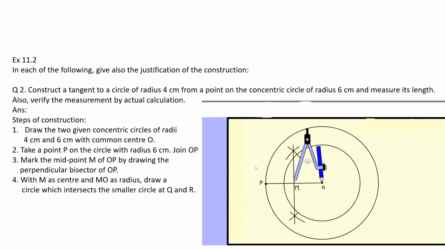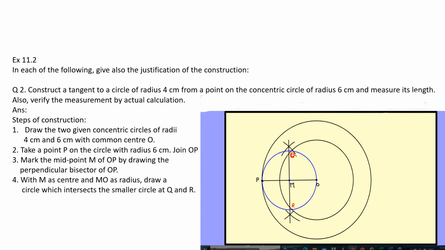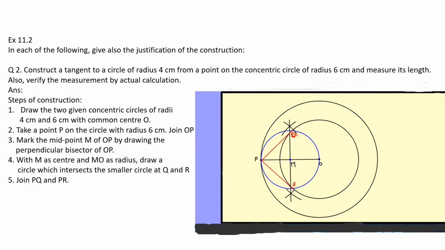With M as center and MO as radius, draw a circle which will intersect the smaller circle, that is the circle with radius 4 cm, at Q and R. So mark the 2 points where they intersect as Q and R. Now the last step is to join the point Q to P and the point R to P. That means join PQ and PR.